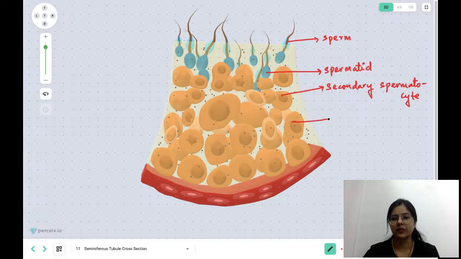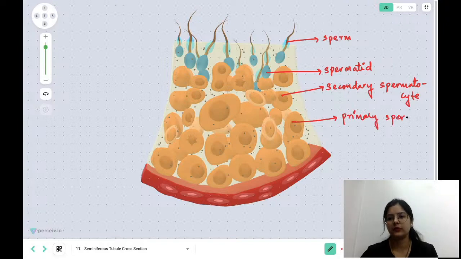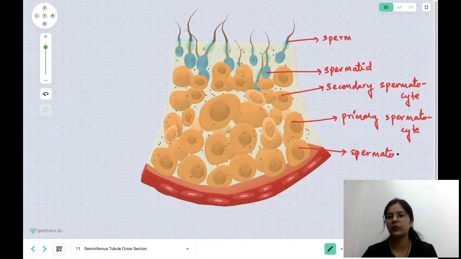This becomes your primary spermatocyte over here. And the mother cells of these, that means the male germ cells, this one is called the spermatogonium, the important cell through which all these cells are formed.